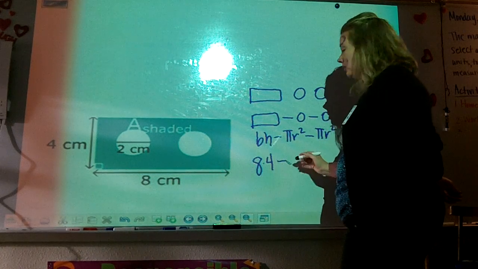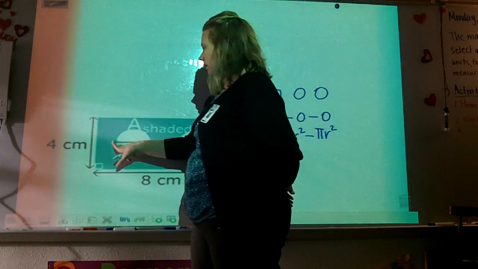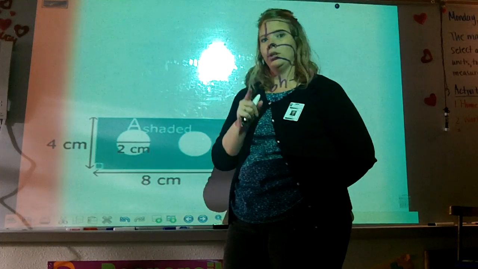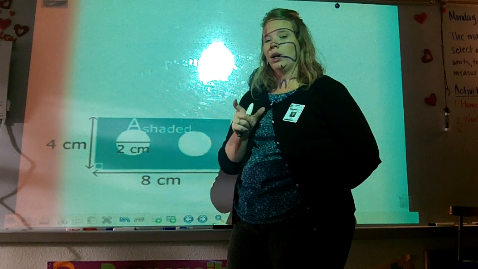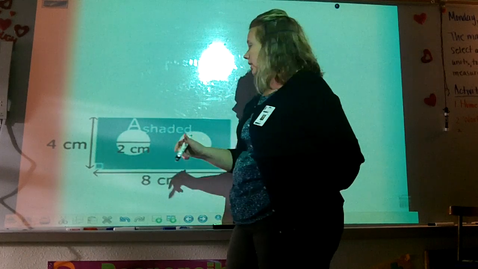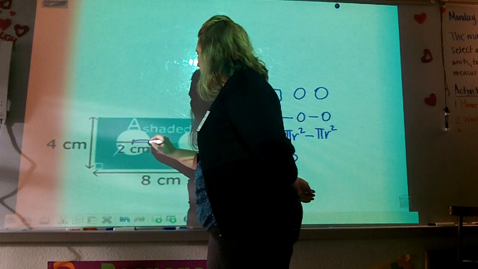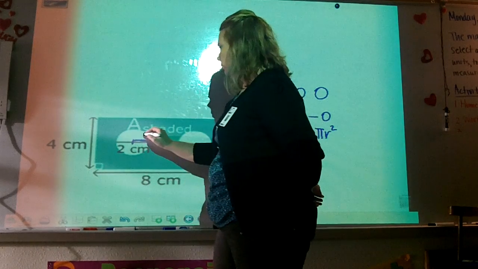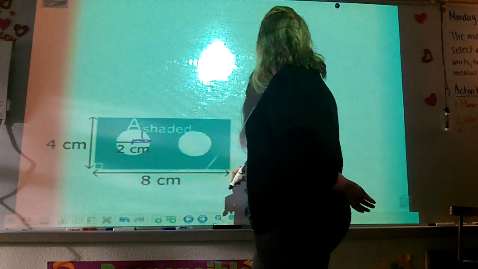Subtract pi, which is approximately 3, and the radius of my circle. Oh, they gave me the diameter again, but I know that the diameter is 2 radiuses, or the radius is half of the diameter, which would be, if the full diameter is 2, then the radius is 1.